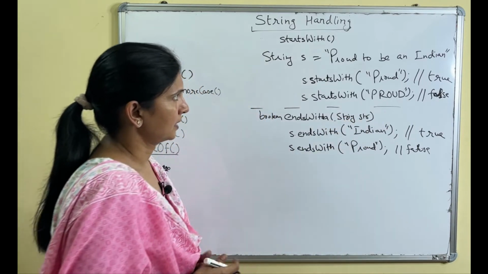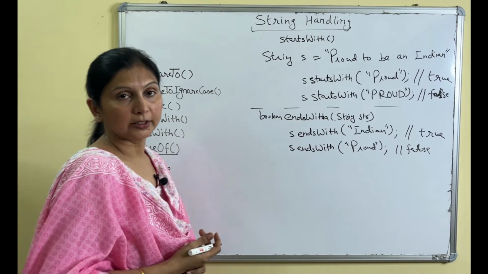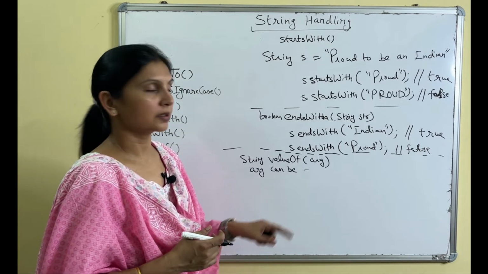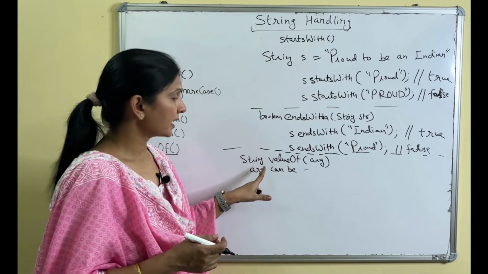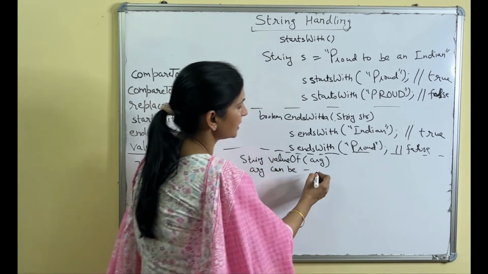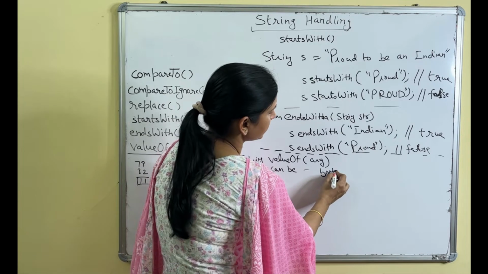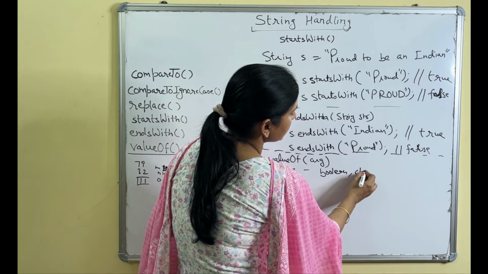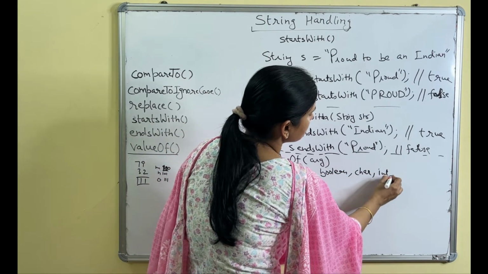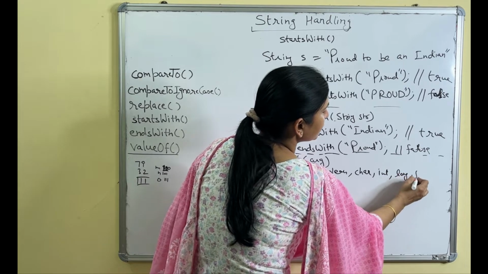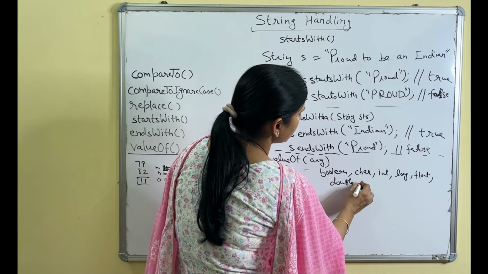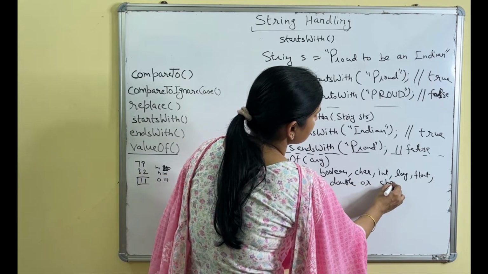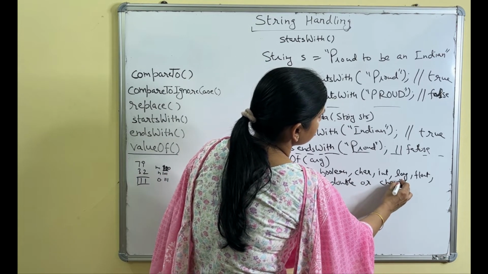Fine. Now the last is valueOf. In the valueOf function, we pass one argument and the return type is string, and this argument can be boolean, char, int, long, float, double or char array.